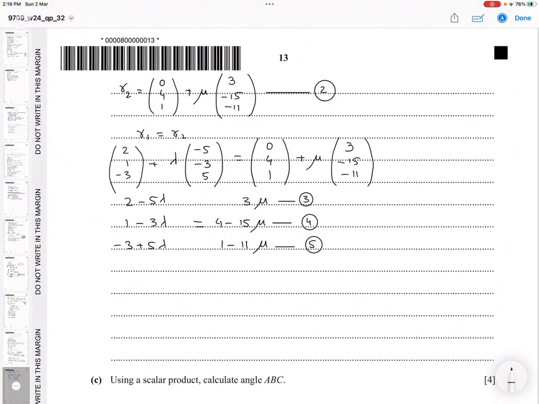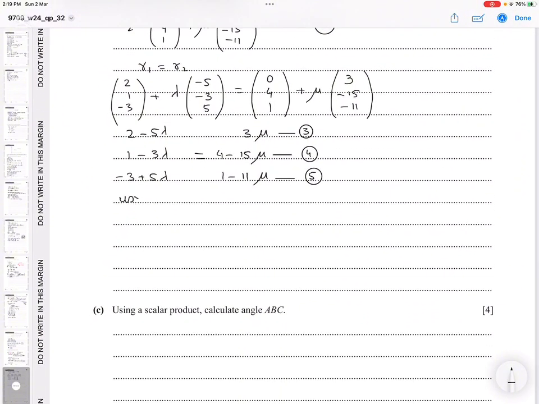Now use equation 3 and 5, because they have lambda with opposite signs. So 2 minus 5 lambda is equal to 3 mu, and minus 3 plus 5 lambda is equal to 1 minus 11 mu.